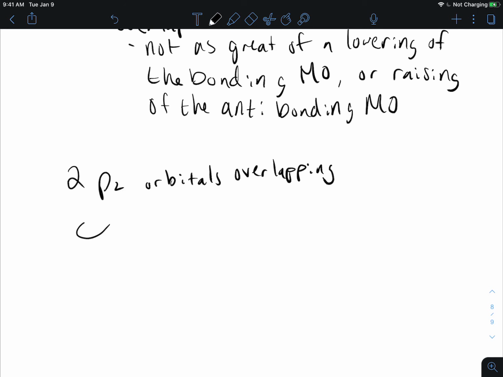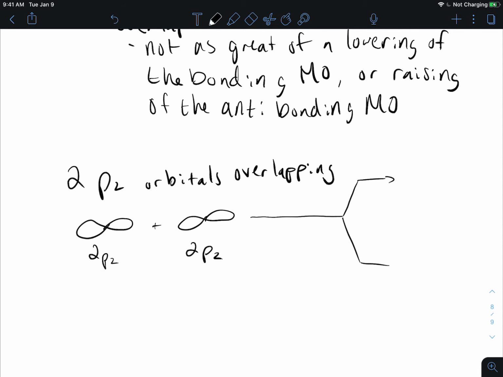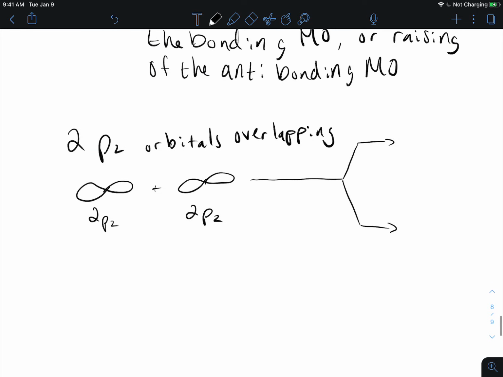So we have something that looks like this. Our 2pz orbitals overlap to produce our antibonding and bonding. So we'll have something that looks like this. This is going to be our sigma.